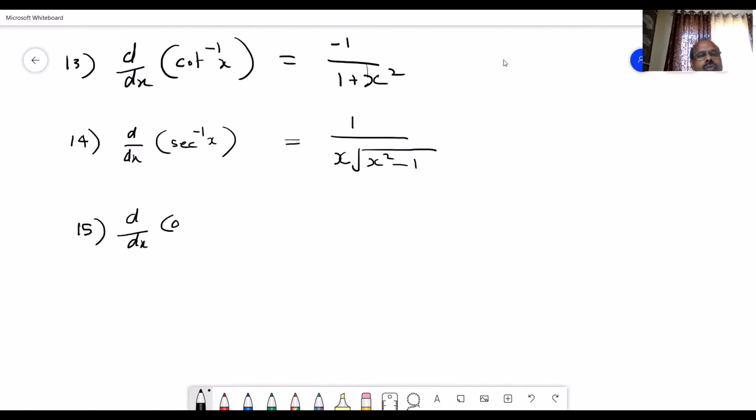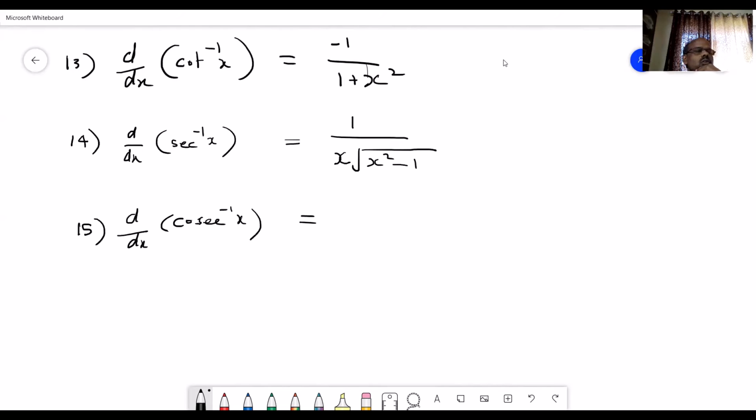Now dy by dx of cosecant inverse x. Here, sec inverse x is equal to 1 divided by x into square root of x square minus 1.